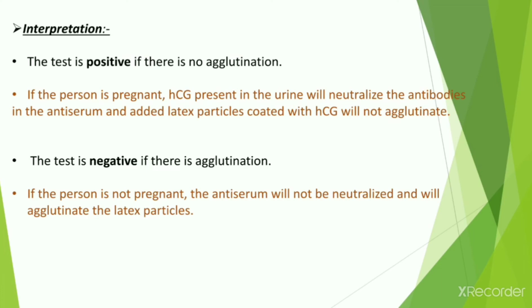Why is this happening? Because if the person is pregnant, the HCG present in the urine will neutralize the antibodies in the antiserum. And when the latex particle is added, it will not agglutinate.